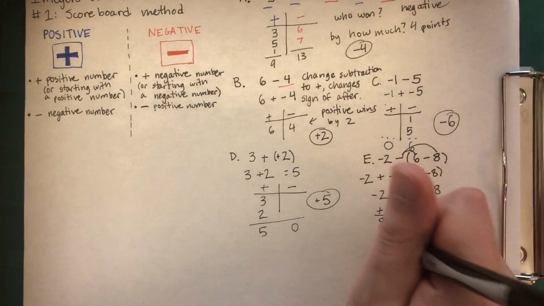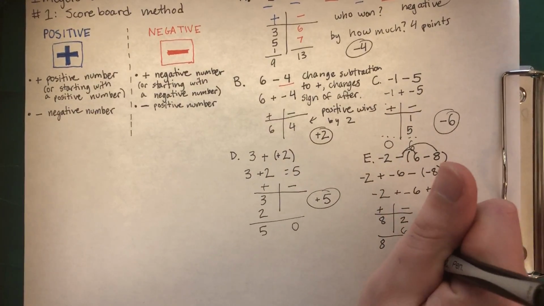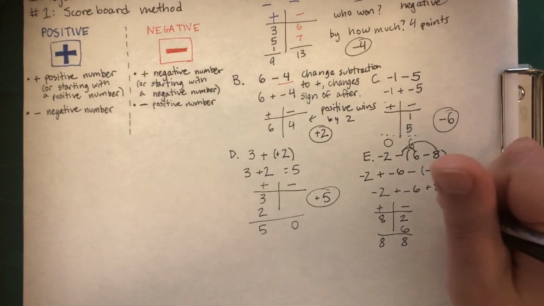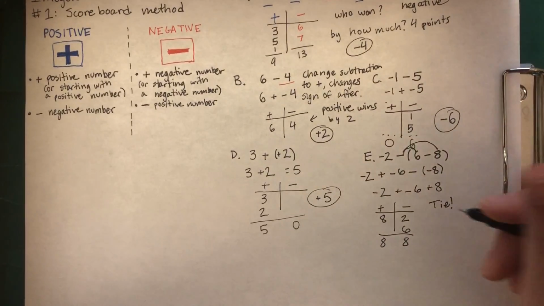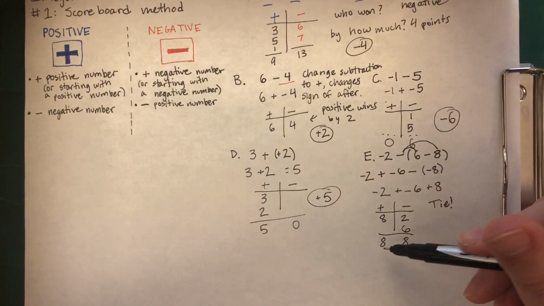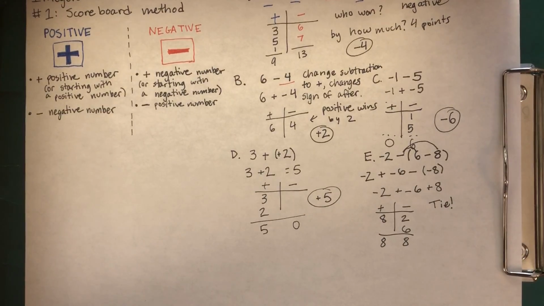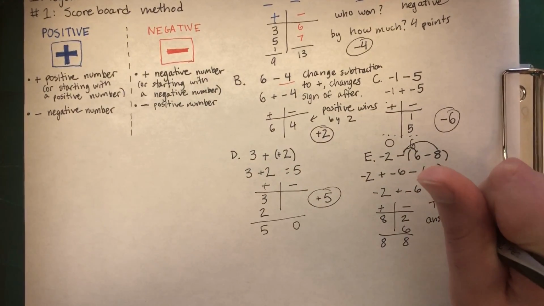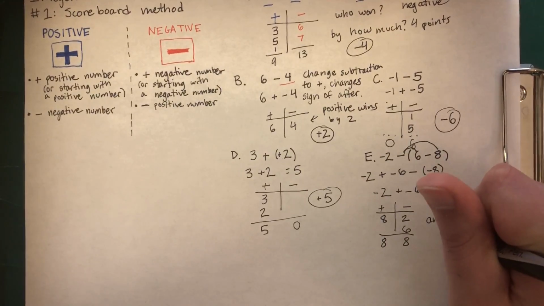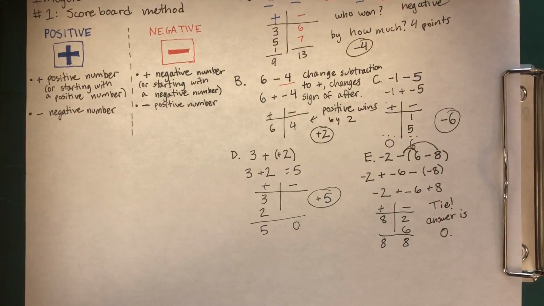So if we add this up, 8 to 8, the answer is a tie, which means that the difference between the points is 0. Nobody won by anything. So the answer is 0. So if you get a tie, the answer is 0.